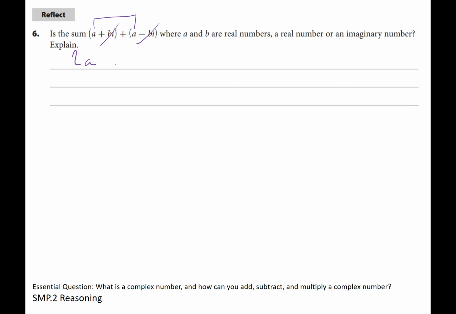So 2a is just the real part. So a plus bi plus a minus bi is a real number. It wouldn't be imaginary because the imaginary piece cancels.